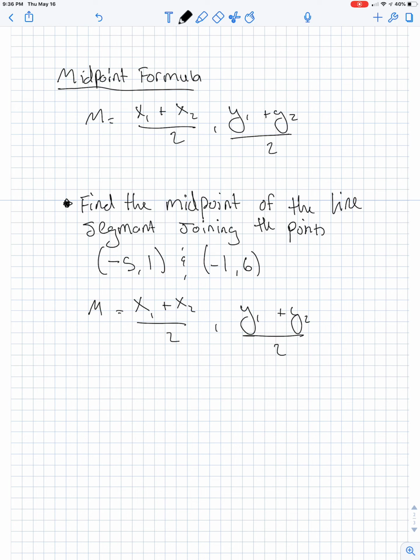Okay, so now what we're going to do, we're going to label this, to make sure we don't forget anything. We don't mess up anything either. So it's going to be x1, y1, x2, y2. Because this is the x slot, this is the y slot. This x slot, it's y slot.